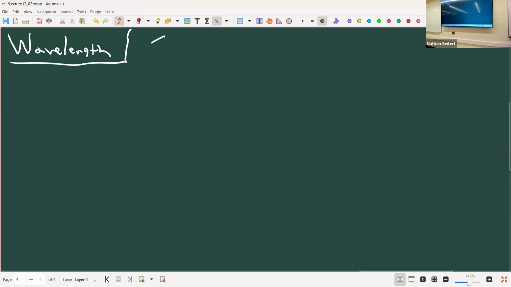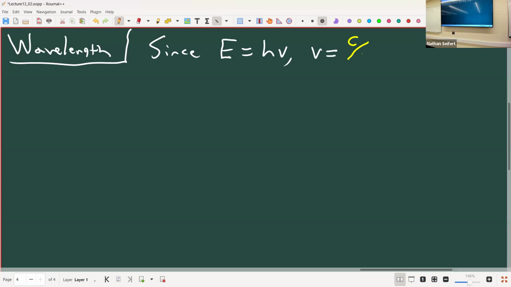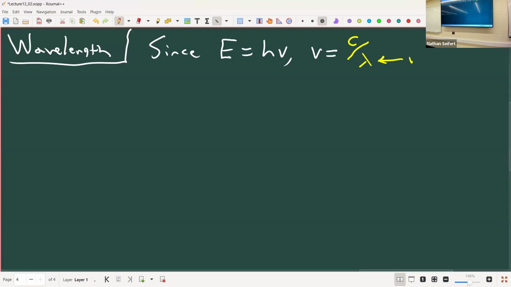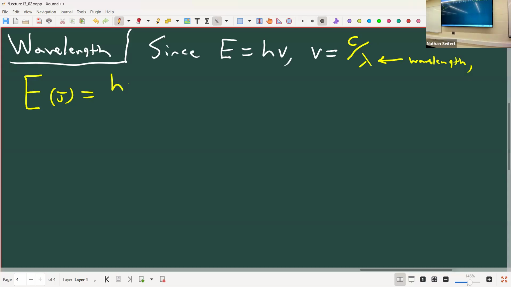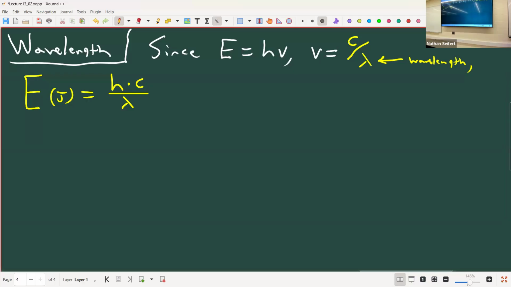Because since energy is equal to h nu, and nu, the frequency, is equal to the speed of light divided by the wavelength, right? Then energy in joules is equal to h times the speed of light divided by the wavelength. So it's an inverse unit.